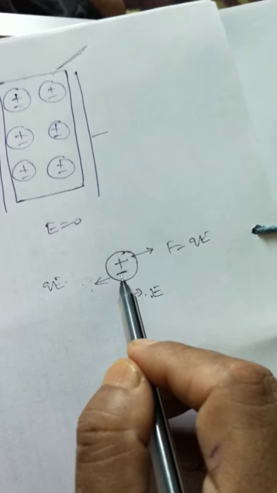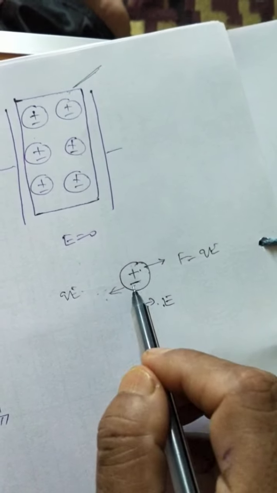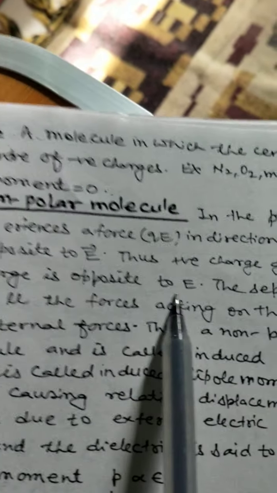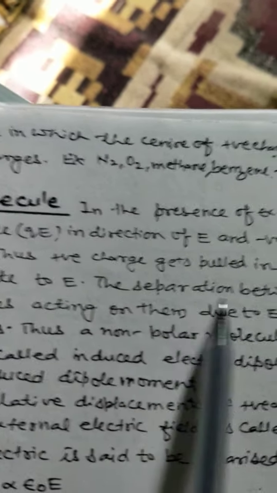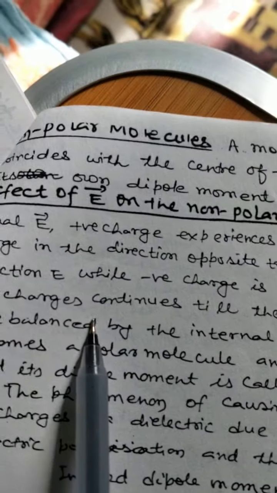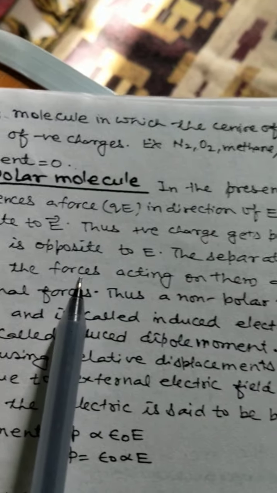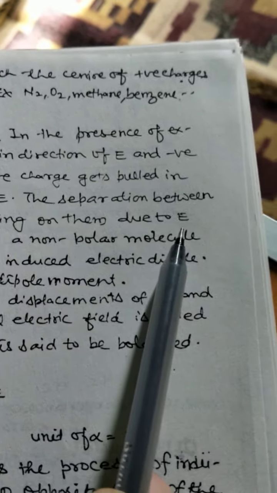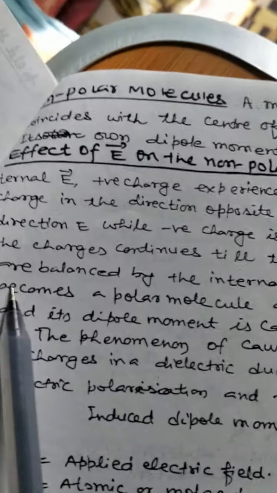And thus this positive and negative, which were coinciding previously, get separated. Positive charge gets pulled in the direction of the electric field, while the negative charge is pulled opposite to the electric field, and this separation between the charges continues till the forces acting due to this electric field are balanced by the internal forces.